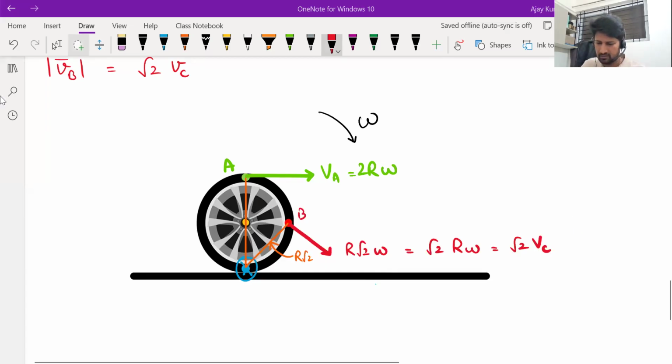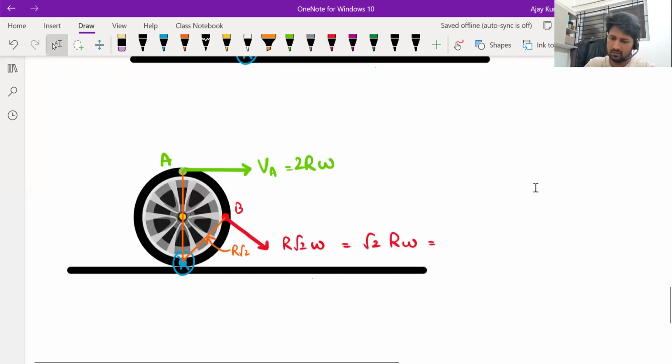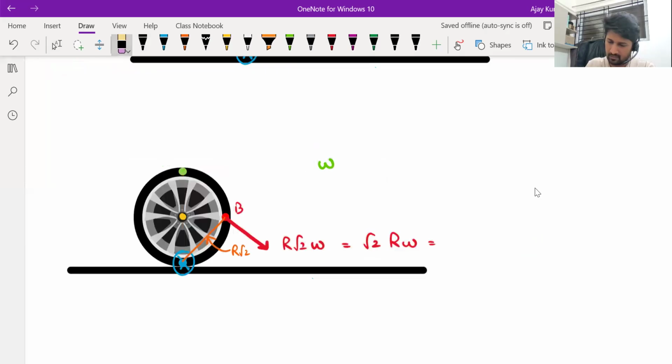Okay, let's see if you can solve this. This involves a little bit of mathematics. Again, the object is in pure rolling. And this time you have to find out the speed, just the magnitude of velocity, of which particle.